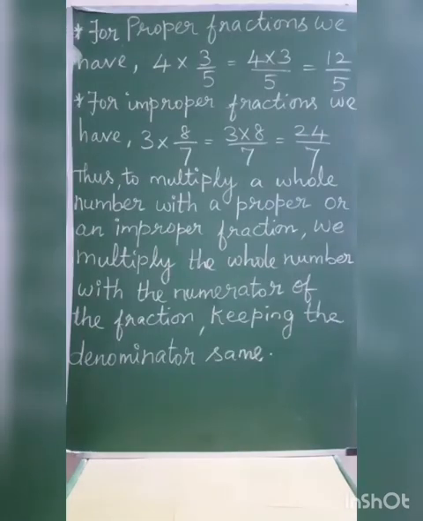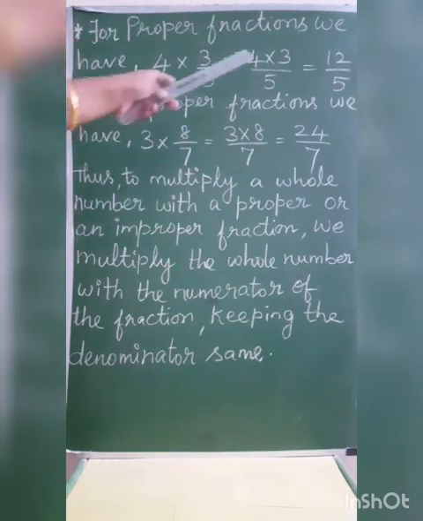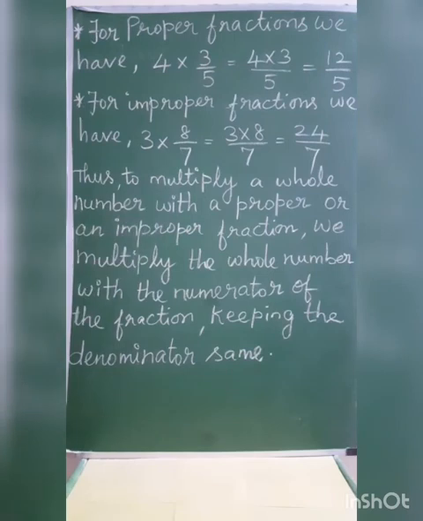Listen, for proper fractions we have 4 into 3 by 5, a proper fraction multiplied with a whole number. The whole number multiplies with the numerator, divided by the denominator. So 4 3s are 12, the denominator is 5, so 12 by 5 is your answer. And for improper fractions we have 8 by 7, an improper fraction multiplied with a whole number, 3 into 8 by 7. So the whole number multiplies with the numerator over the denominator. 3 8s are 24 by 7.